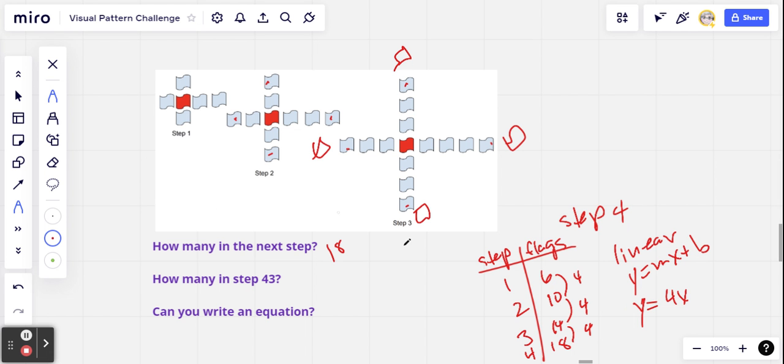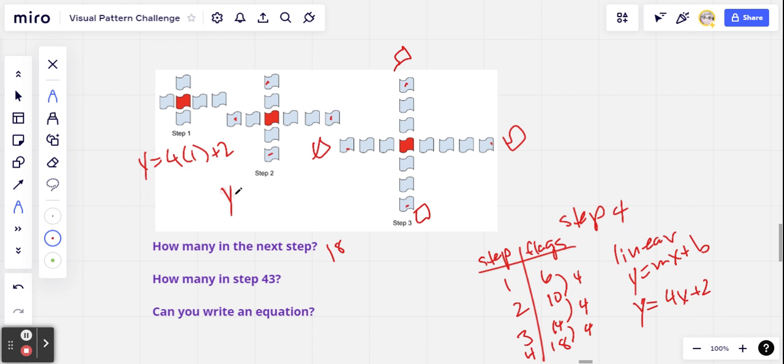So x is going to represent the step number, so let's put 4 times step 1, and that would give us 4 times 1 is 4, but we have 6 flags. So for this equation to be accurate, we'd need to add 2 more. And so I'll put that down here as our b. Our b is 2.